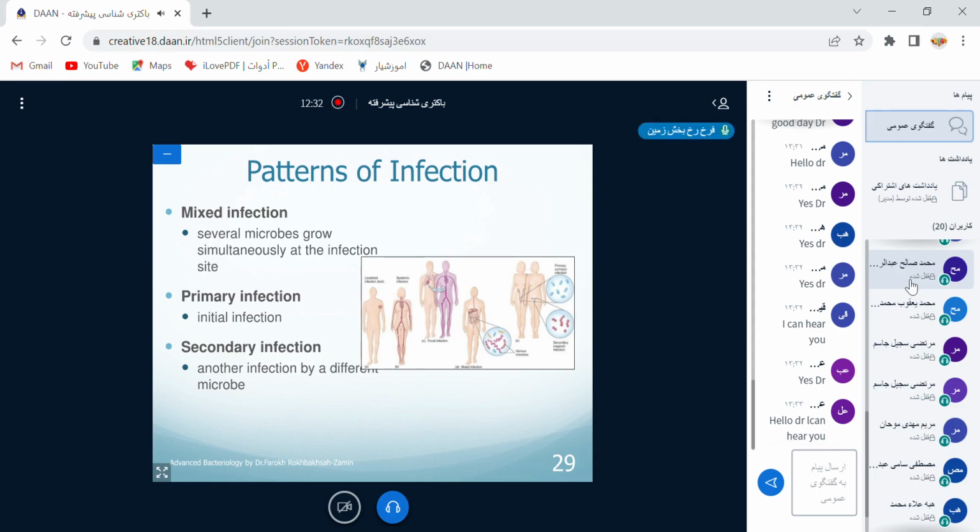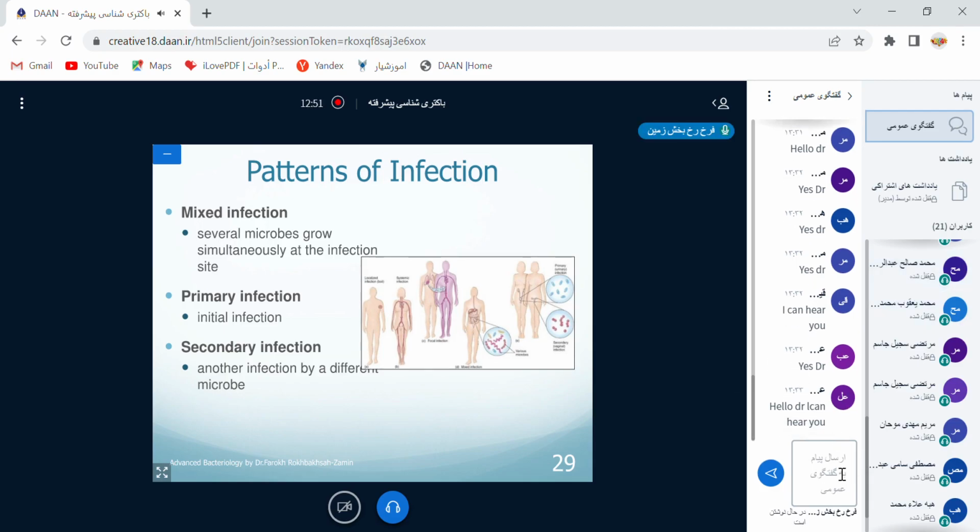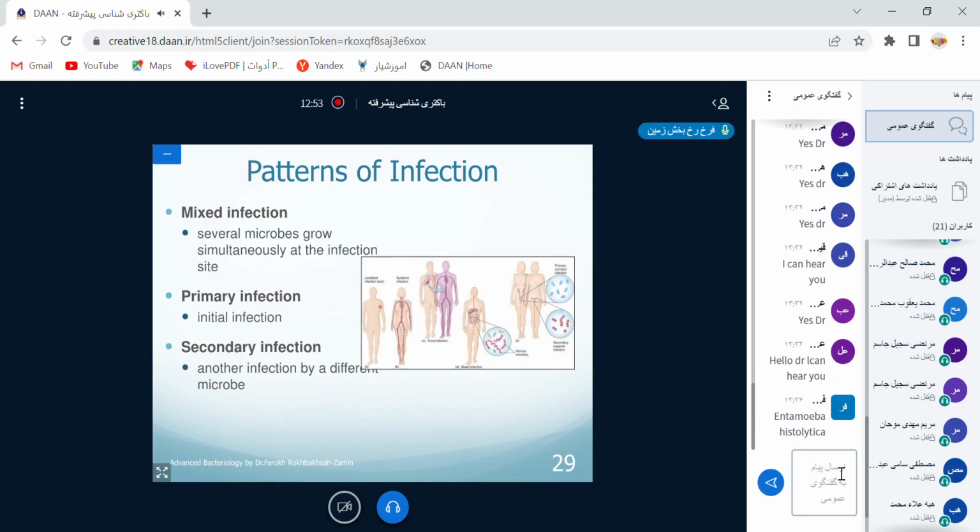If you remember, for example, Entamoeba histolytica. As its name shows, Entamoeba, it is an amoeba whose place of activity is enteric or intestine.